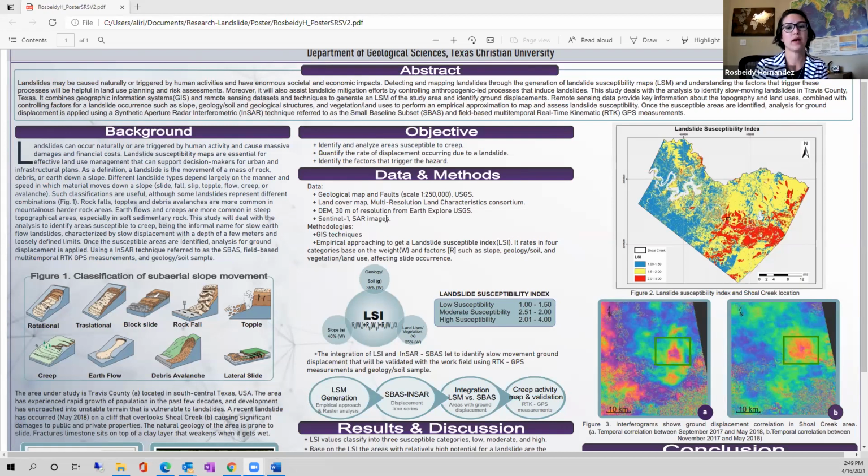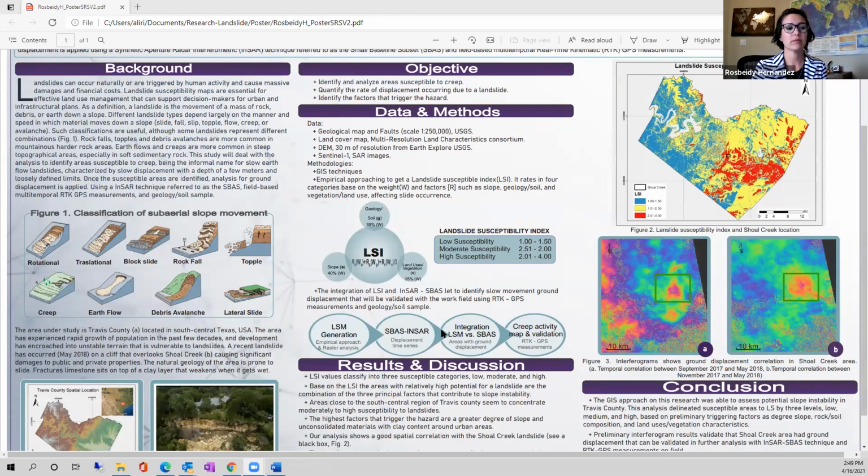My methodology was to apply GIS techniques and an empirical approach to get the landslide susceptibility index. With the integration of the landslide susceptibility index and the InSAR results, it will lead to identifying slow movement ground displacement that will be validated with field work using RTK GPS measurement and geology and soil samples for analysis.